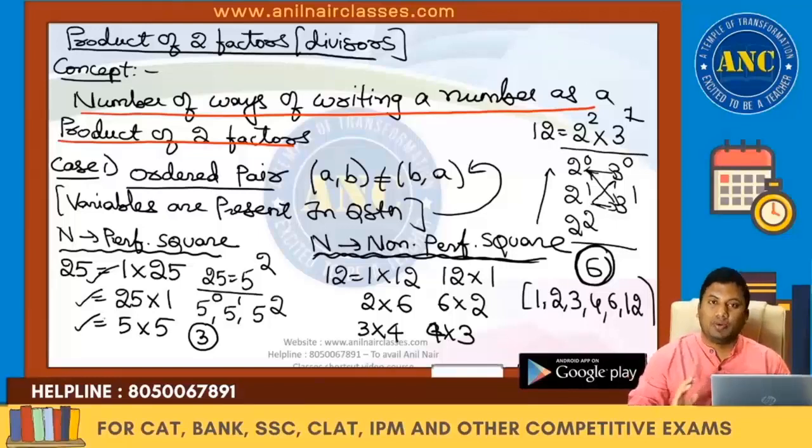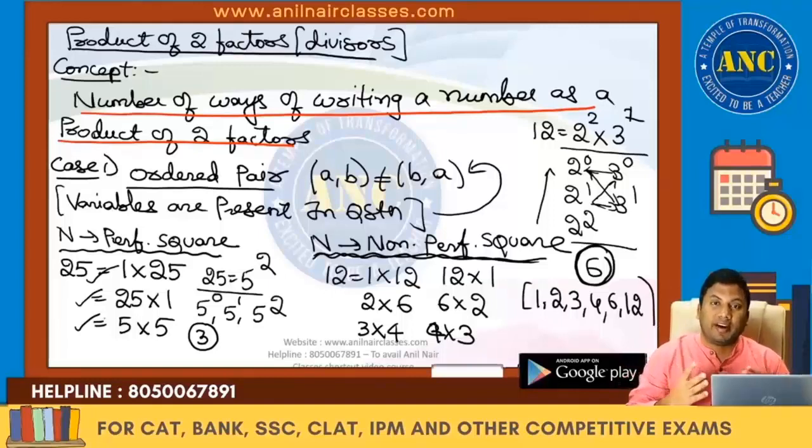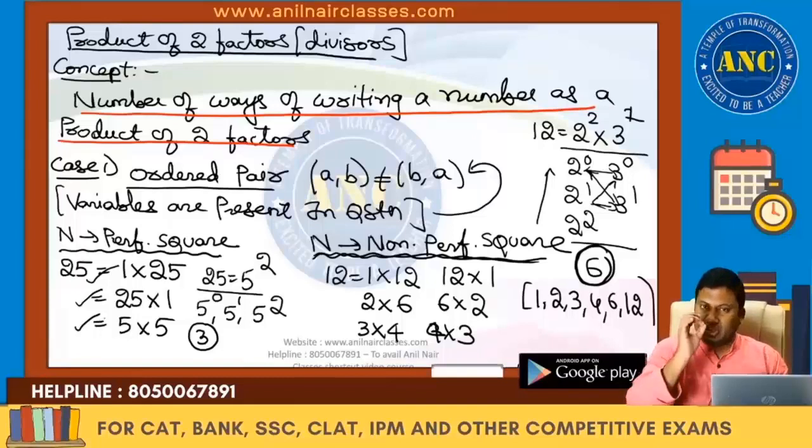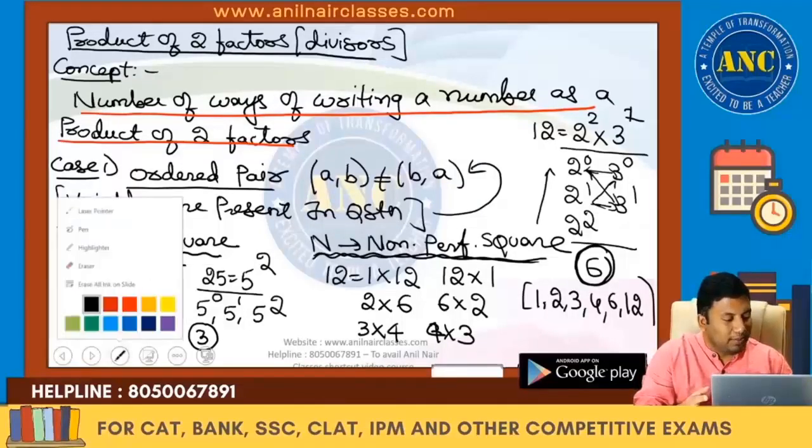For 12, the factors are 1, 2, 3, 4, 6, 12. Total 6 cases I got. Even for a non-perfect square, I got 6 factors. Extremely important conclusion.